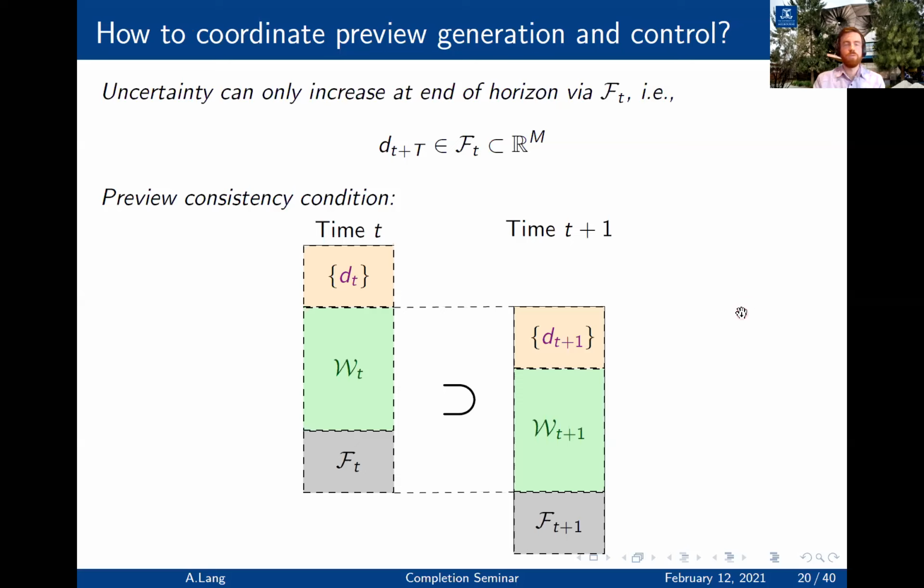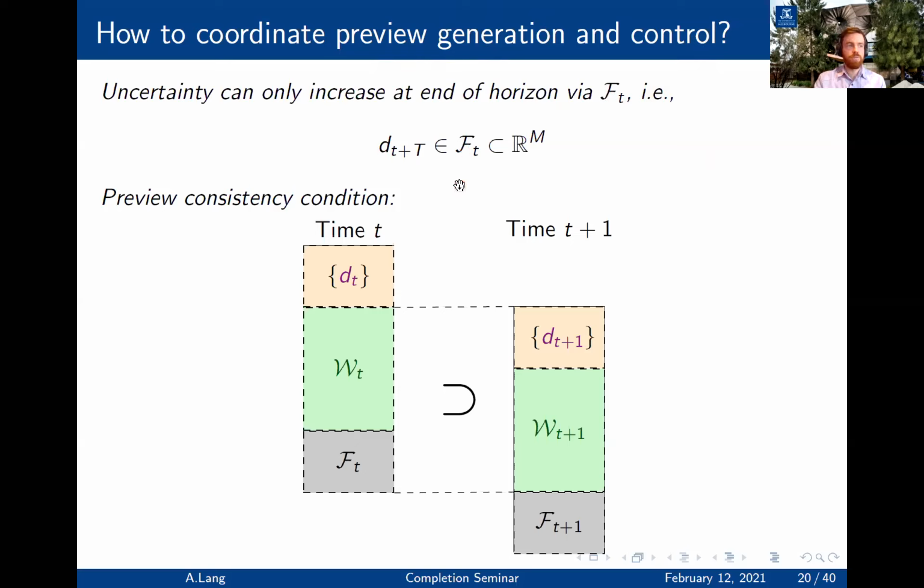So that leads to the question of how do we coordinate this preview generation and the control? And the approach that we take here is to only allow the uncertainty to increase at the end of the prediction horizon. And this is how we define this FT, as the set of possible disturbances at the end of the horizon.